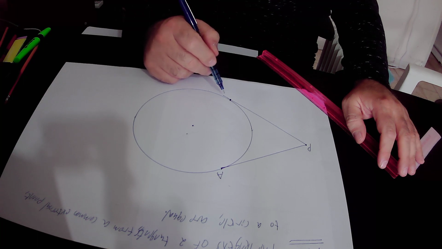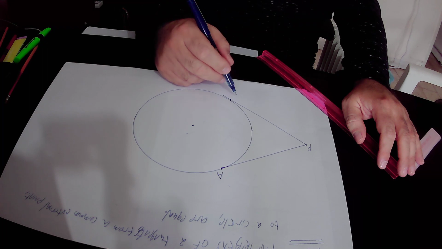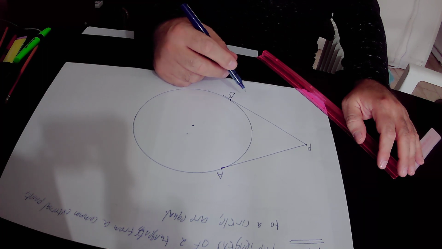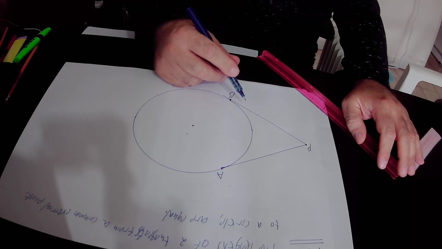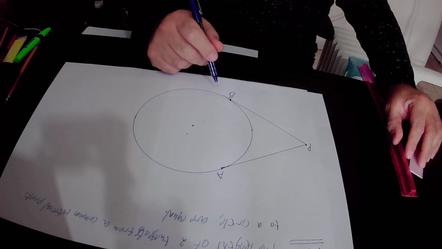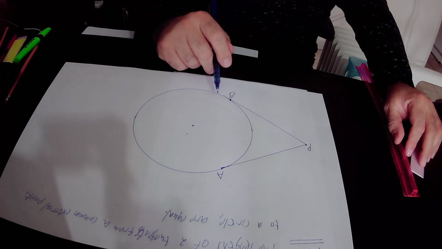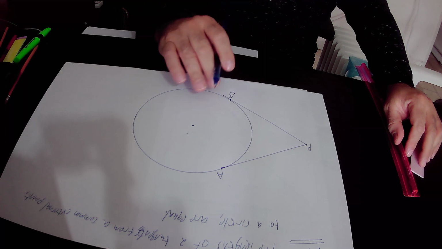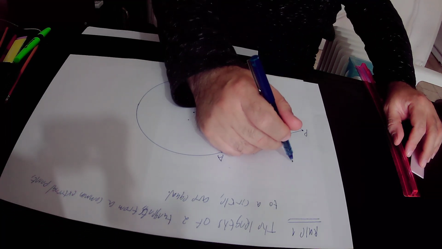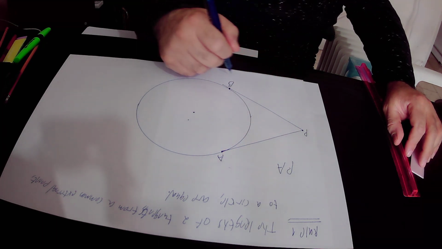We will define the point of tangency of the second tangent with this circle as point B. And according to rule number 1, the length of the first tangent is PA, while the length of the second tangent is PB.